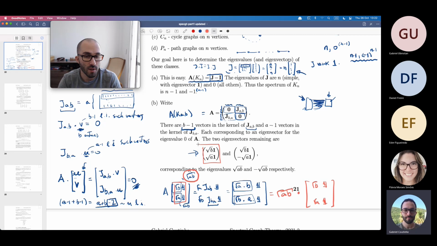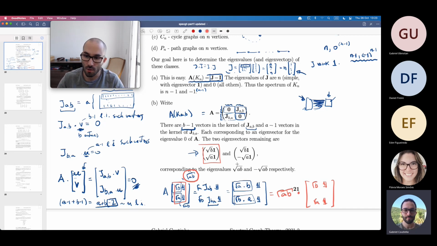And because this graph is bipartite, we saw last class that if I now put a minus sign on the entries corresponding to one of the classes, I also get an eigenvector whose eigenvalue is minus the corresponding eigenvalue of this one.